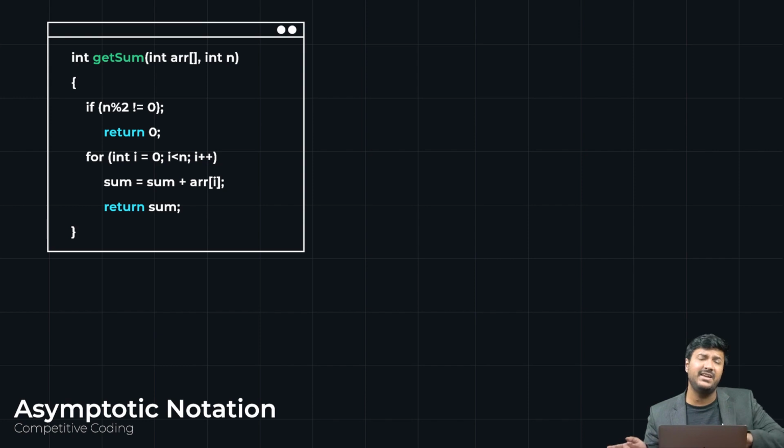In the previous case, the order of growth would be constant throughout, because it's a very simple function wherein all the operations are going to happen always. However, in this case, there arise different cases, right? For example, the best case in this particular case would be when your number is even.